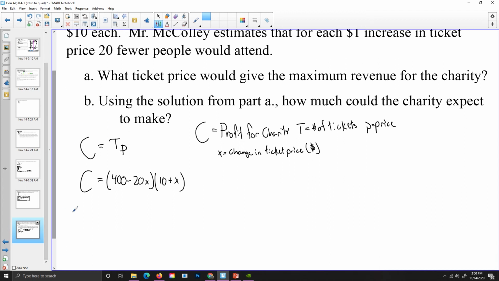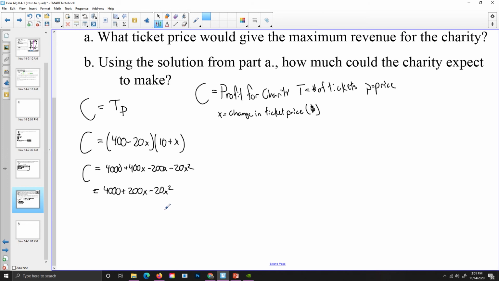Well, if I multiply that out, 400 times 10 is 4,000. 400 times x is 400x. Negative 20x times 10 is negative 200x, and then negative 20x times x is negative 20x squared. Now, when we simplify that, we get 4,000 plus 200x minus 20x squared.